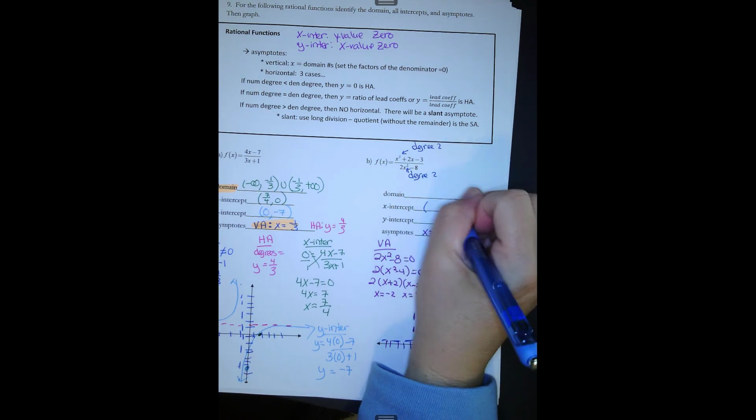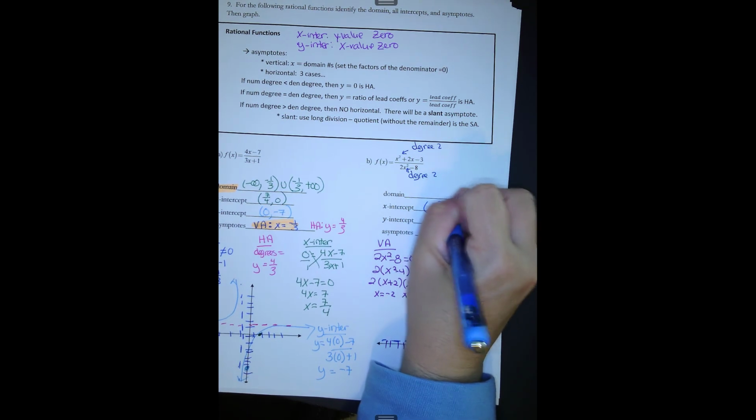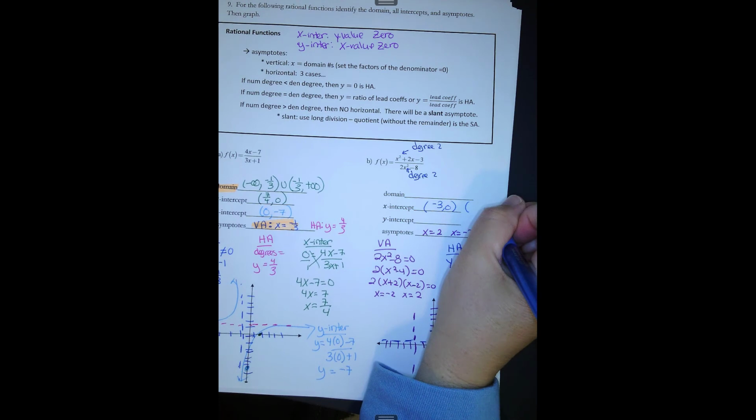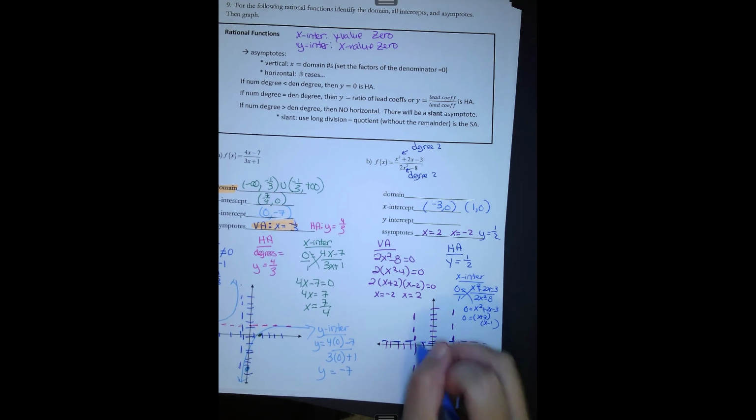So our x-intercepts are negative 3 comma 0 and 1 comma 0. And if we look here, our y-intercept is simply plugging in 0.